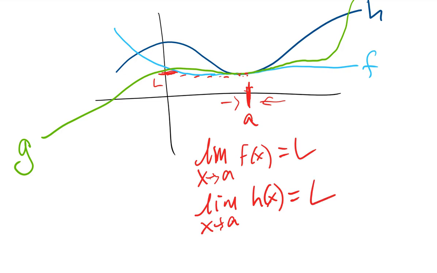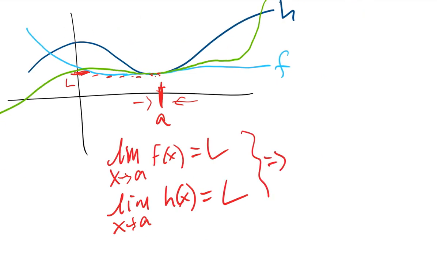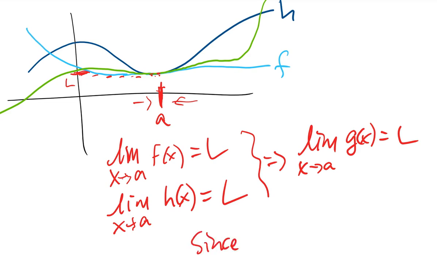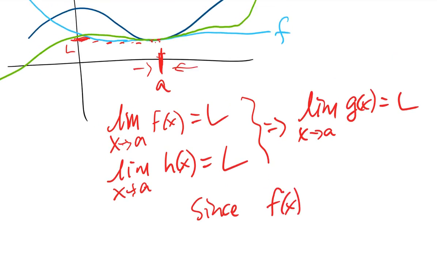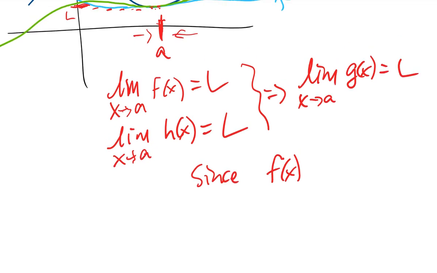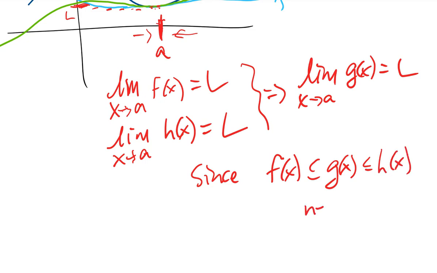It's also L. So if this is the case, then this implies that the limit as x goes to A of g of x also has to be L, since f of x is less than or equal to g of x, and g of x is less than or equal to h of x near A.